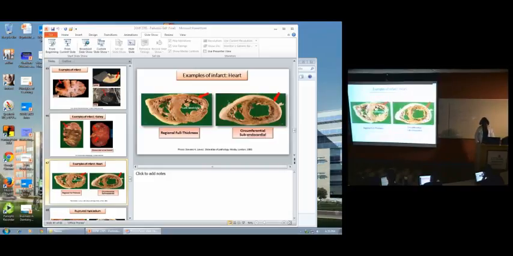In the heart, you also have this in the left ventricle. This is one that involves the full thickness. This is the one that involves the subendocardial zone. If you remember your physiology, the subendocardial zone is referred to as the watershed zone, where you have supply of blood from the coronary arteries and then from diffusion within the ventricle.